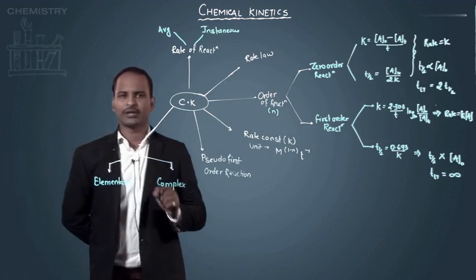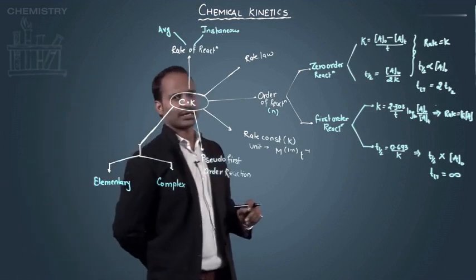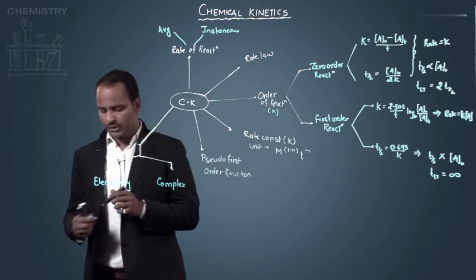Elementary reactions are those reactions which take place in a single step, while complex reactions are those reactions which take place in two or more than two steps.